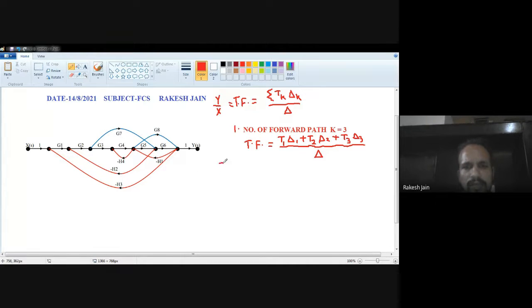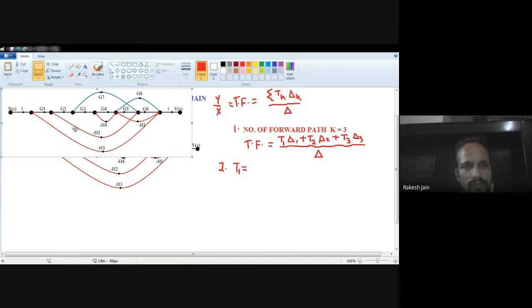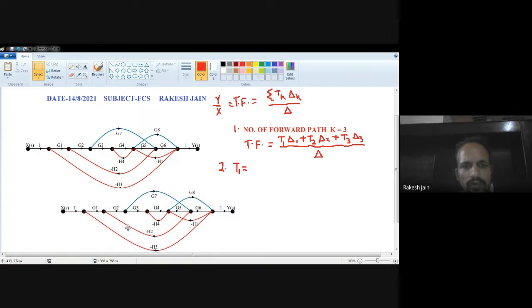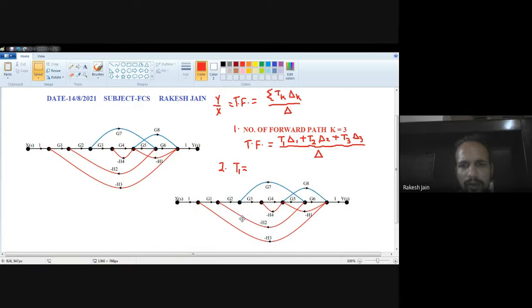So what is step number two? Step number two is to write down the forward path gains. Forward path gain means T1 is what, T2 is what, and T3 is what. So see, again I paste this question and show you how I find the forward paths.